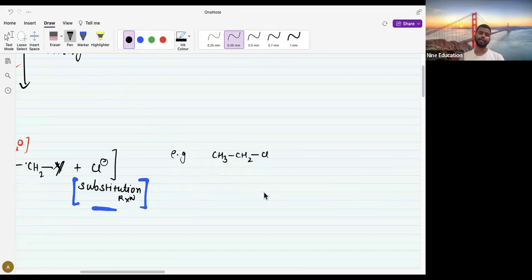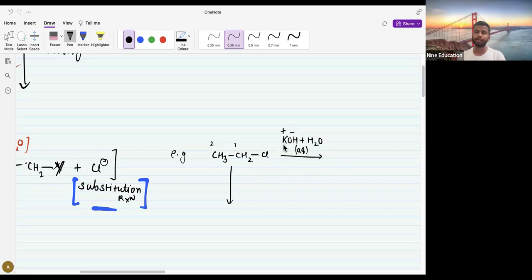This is a simple alkyl halide, what do we call it? This is chloroethane. And if in chloroethane I put in this first reaction OH minus, meaning KOH plus water, in aqueous medium, so what will happen here?